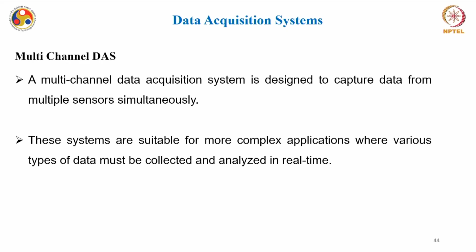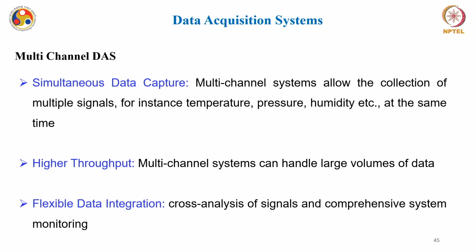These systems are suitable for more complex applications where various types of data must be collected and analyzed in real time. So, multi-channel DAS can do simultaneous data capture. Multi-channel systems allow the collection of multiple signals. For instance, you can measure multiple physical parameters like temperature, pressure and humidity at the same time.